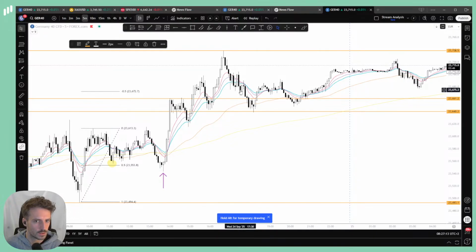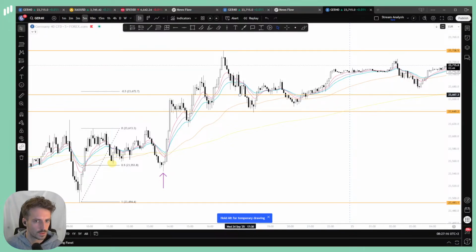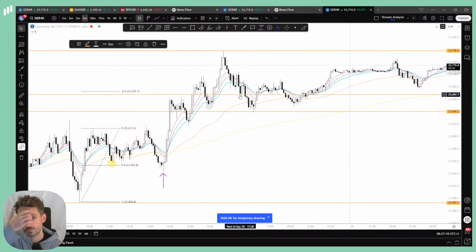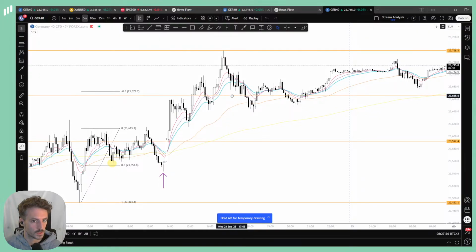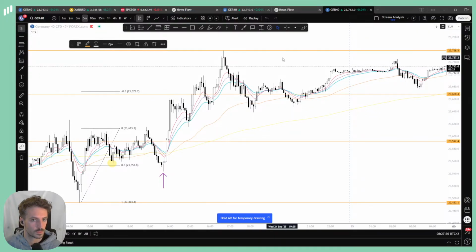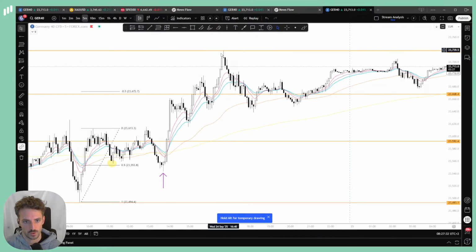There we are. Okay. I think I moved the wrong one. There we go. Now it works for me. So those are my levels of interest from this day. Low, open, regular hour close, high.